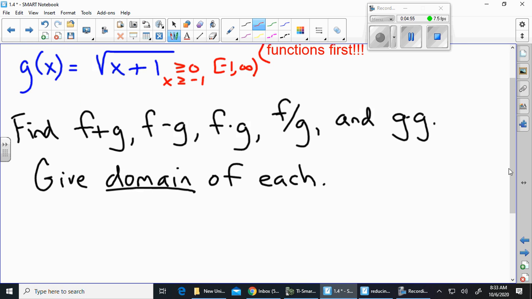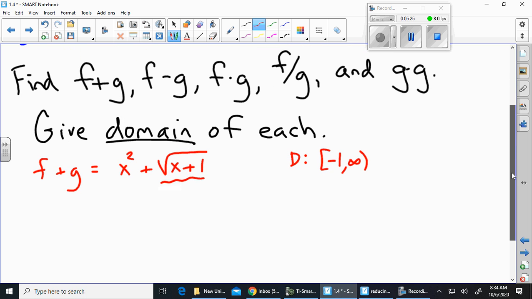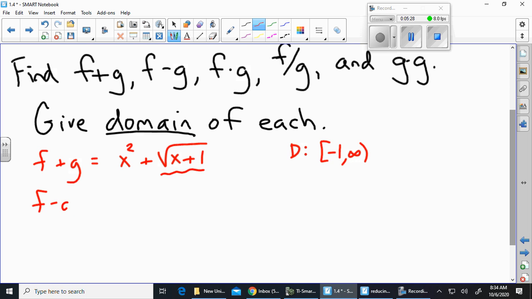So f plus g would mean I'm going to take x squared plus the square root of x plus 1. There is nothing I can do. I'm done. Now, the domain of that, what can it be? Well, this thing right here has to be negative 1 to infinity. So the domain of the whole thing is negative 1 to infinity. f minus g, x squared minus the square root of x plus 1.